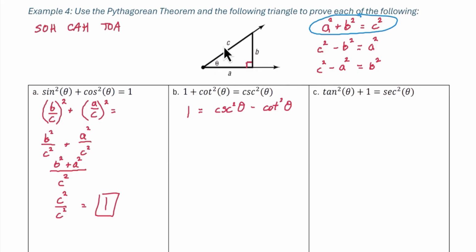So that's going to be c divided by b. And remember that that is being squared. Minus. Cotangent is the reciprocal of tangent. So if tangent's opposite over adjacent, the reciprocal would be adjacent over opposite, or a over b. And that is also being squared.